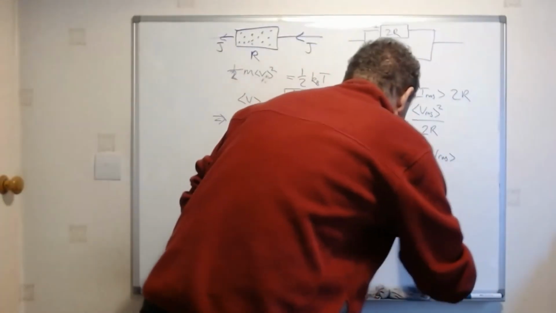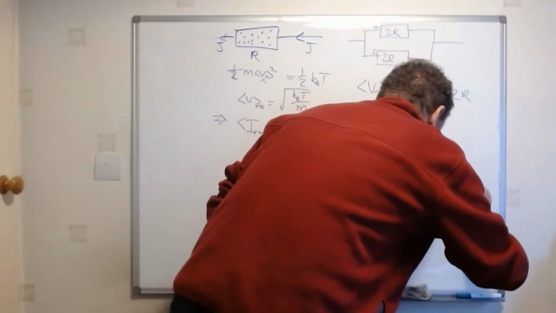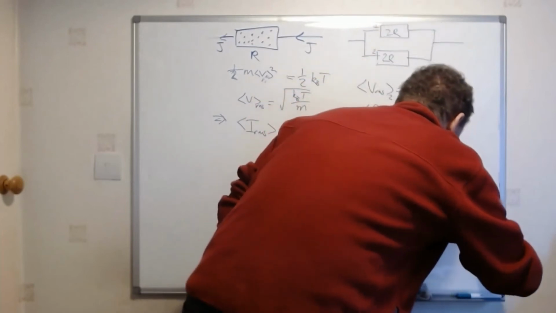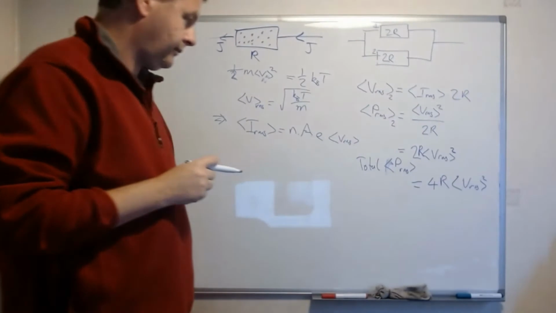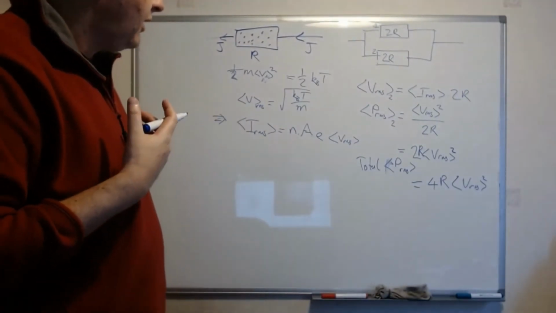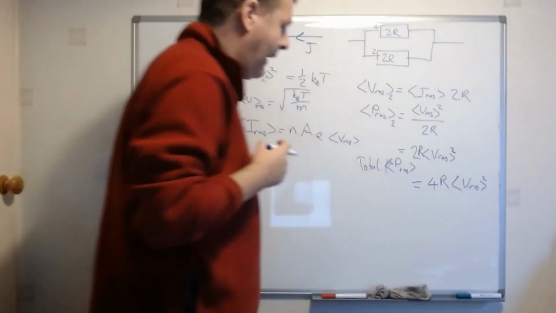And so the total RMS power becomes 4R times, I should put squared, of course, the RMS voltage squared. Okay, so now we're going to stop and think about another way we're going to get to the power that's being dissipated.